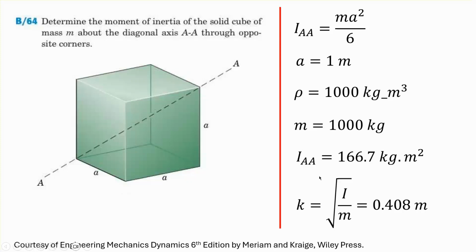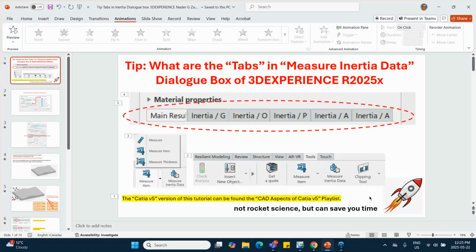Based on direct hand calculation, you should be getting 0.408, because there is a formula for this, coming from Meriam's book. The analytical solution is this. To find the radius of gyration, you need to know the mass. Let's go ahead and do that.